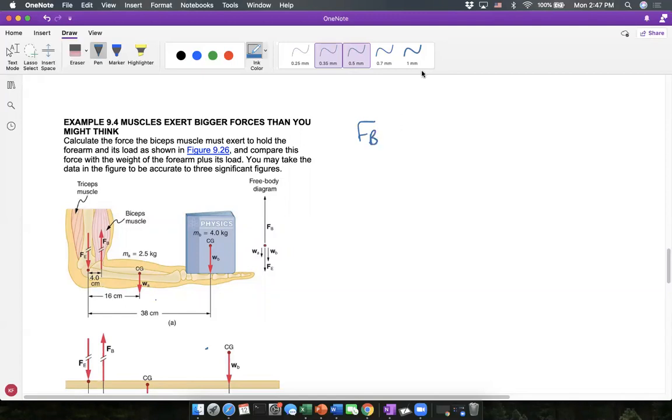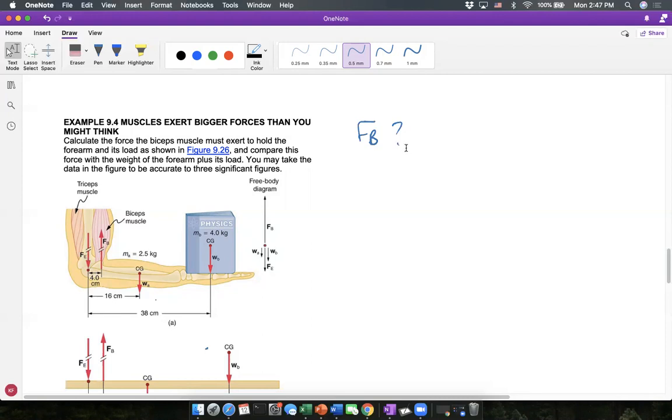So FB is what we want to know. And we don't know a few of these forces. If we look at this diagram, we can figure out the weight of the book. We can figure out the weight of A here, but we can't figure out our force F sub E, which is the force due to the elbow.